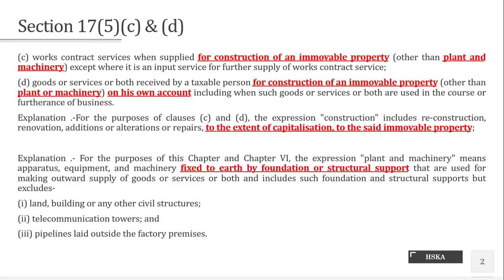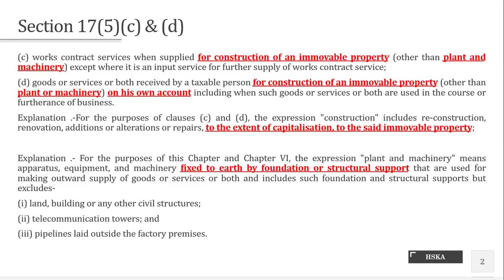For this, an explanation is added for the purpose of clauses C and D. The expression construction includes reconstruction, renovation, additions, alterations, repairs to the extent of capitalization to the said immovable property. Again, there is another explanation at the end of section 17.5, which deals with the expression plant and machinery.